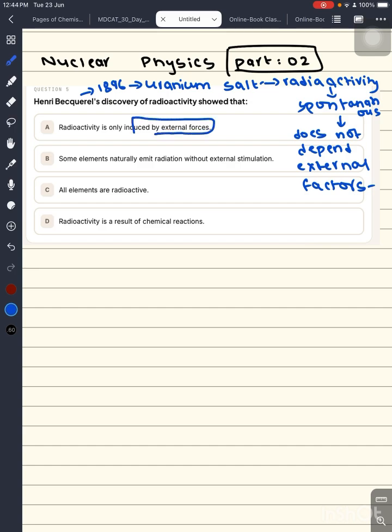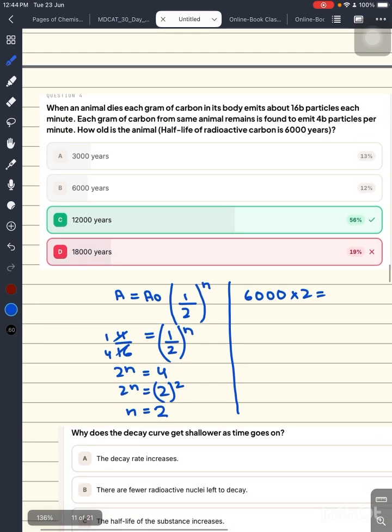We know it is independent of external forces. Some elements naturally emit radiation without external stimulation. This can be the reason. All elements are radioactive? No. Radioactivity is a result of chemical reaction? No. So B is the correct option.